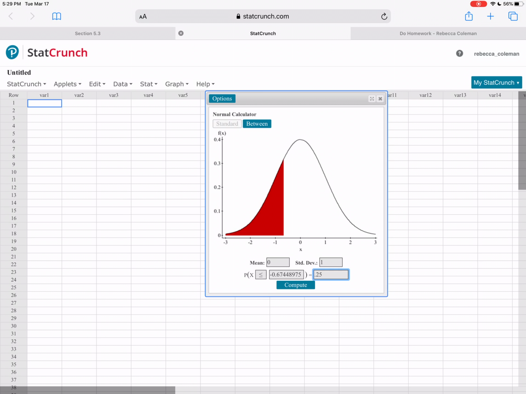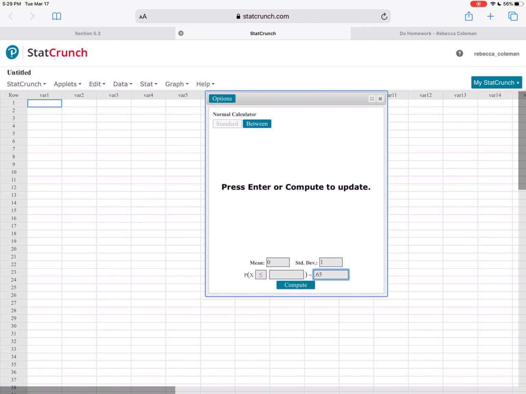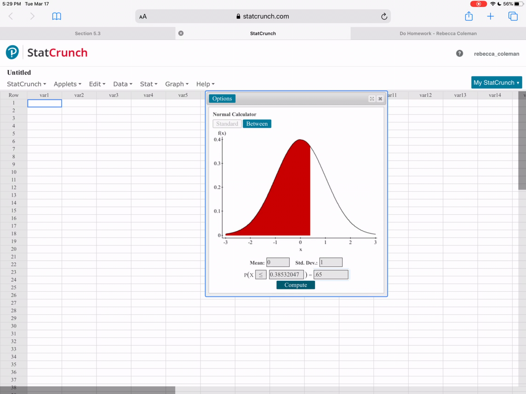If I want the 65th percentile, I can go right back to that area box, put in the area of 65%, 0.65, and when I hit compute, there's my z-score of 0.39.